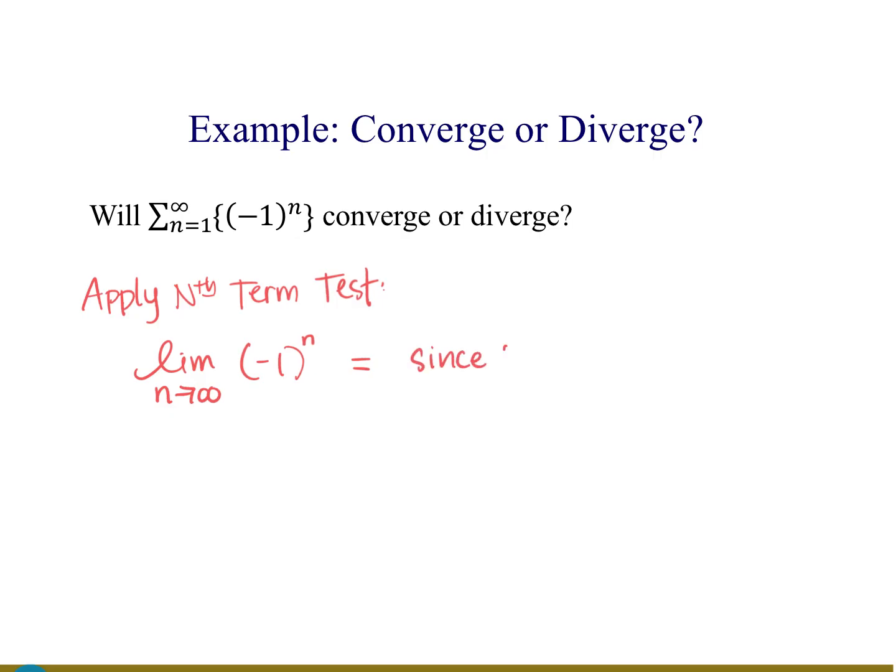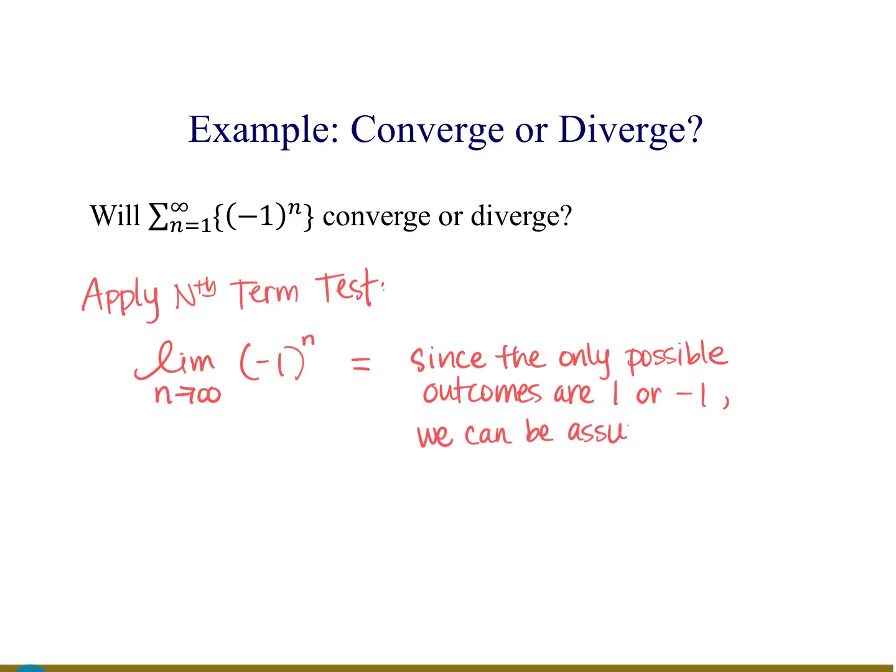Since the only possible outcomes are 1 or -1, we can be assured that it won't ever be 0.